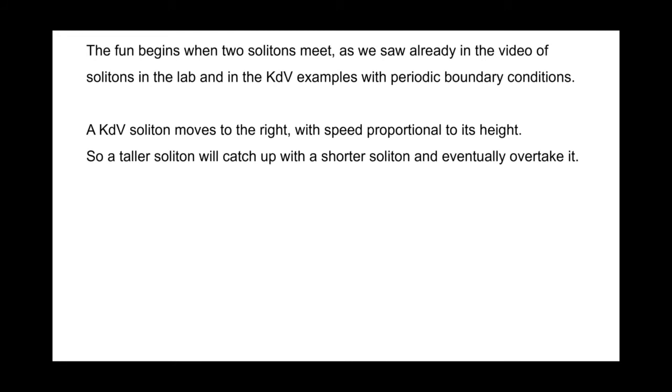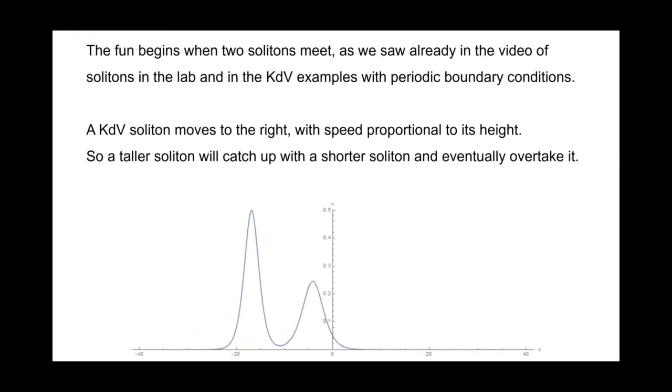So as I said, and as we observed, the KdV soliton always moves to the right, and its speed is proportional to its height. So if we have a taller soliton which is following a shorter soliton, the taller soliton will catch up with the shorter one and will eventually overtake it. Let's watch again what happens.